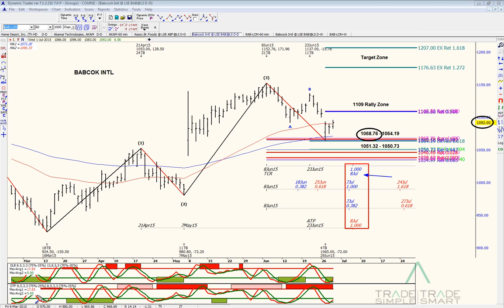So once we see all 3 of these components come together, we would then be looking for some kind of trigger on our 60-minute time frame, and we would be looking to trade the market up from 1051 to 1050 up to at least 1176.63.